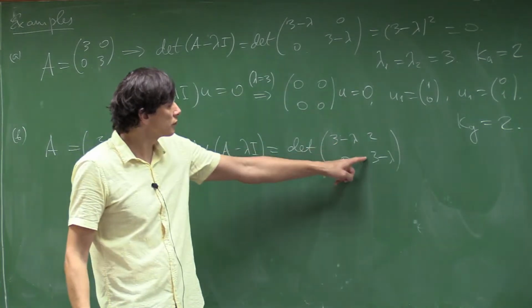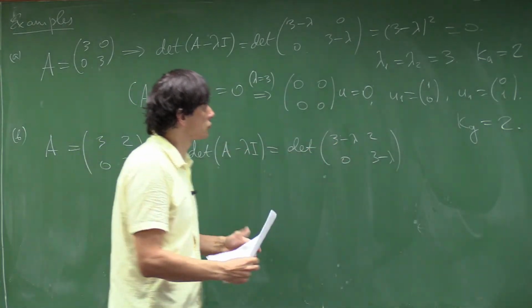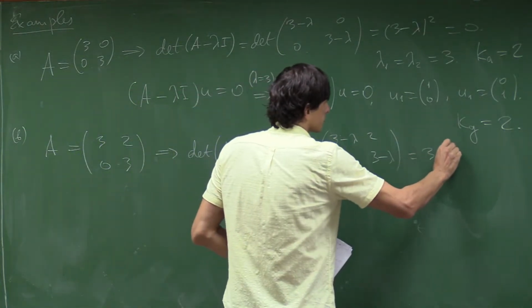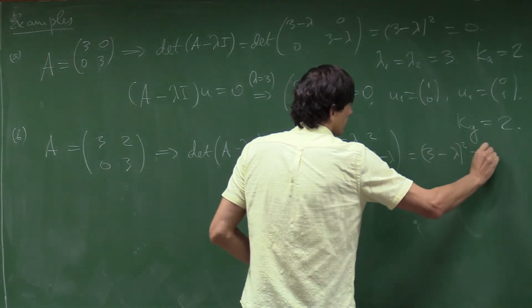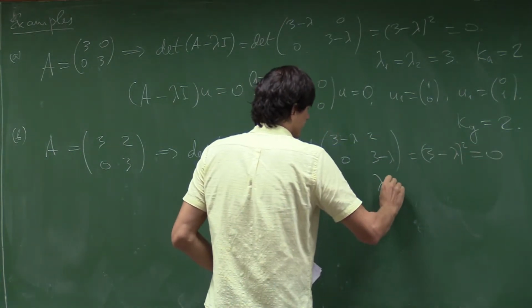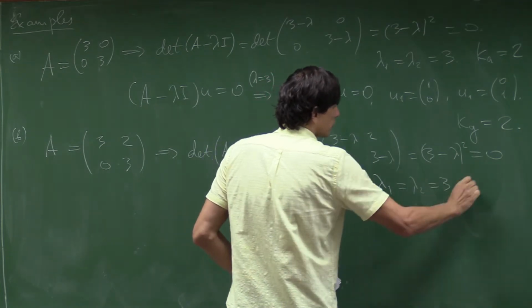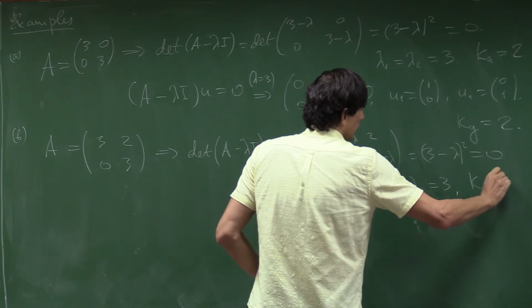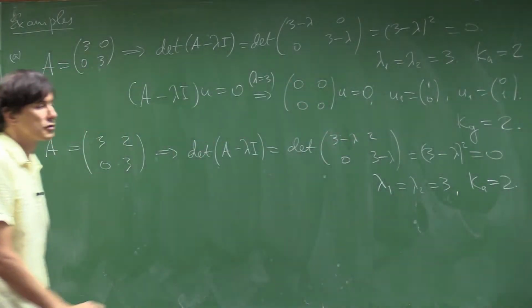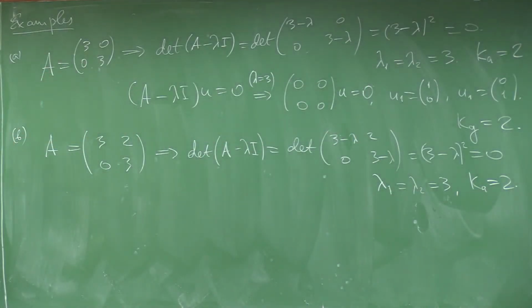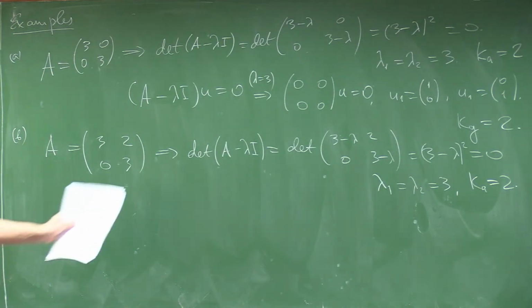It's the product of these terms by these terms, so nothing has changed. So we have the same eigenvalue and the same algebraic multiplicity 2. But what happens with the eigenvectors?